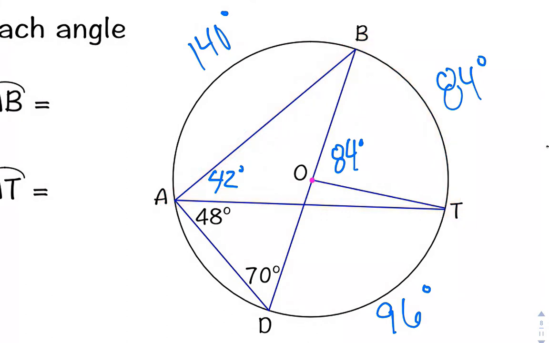So let's look at, is there anything else that I can find? One other thing that I see here is, because I had a semicircle or a diameter, I know that that angle should be 90 degrees. That's from our previous slide. Well, if I add up 42 plus 48, what does that give us? That gives us 90 degrees. Okay? Which then would actually allow us to find this angle because I have a triangle here. And if you recall from earlier in the year, our triangle angle sum theorem says all of those angles should add up to 180.